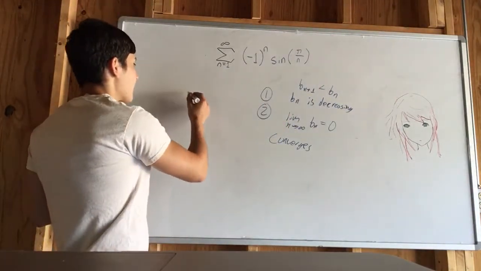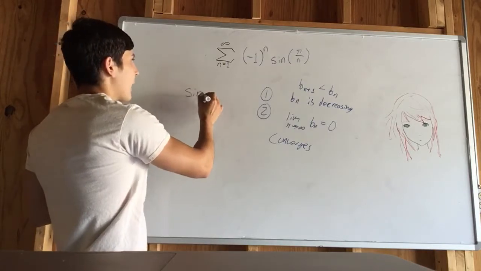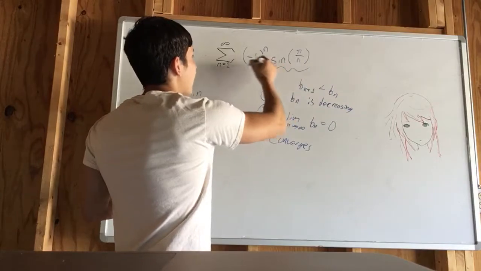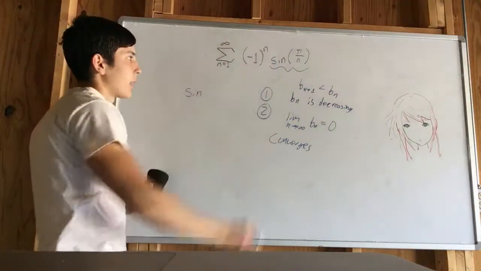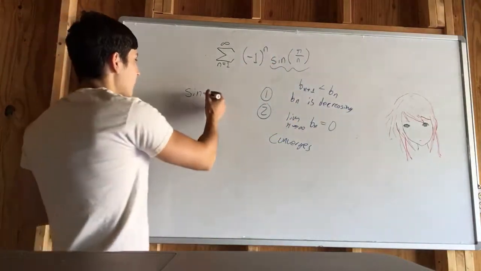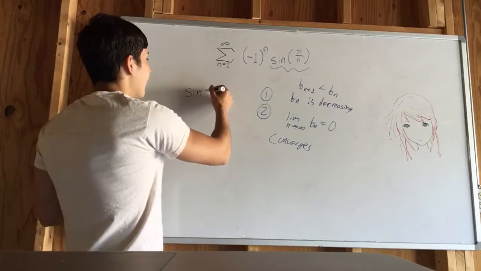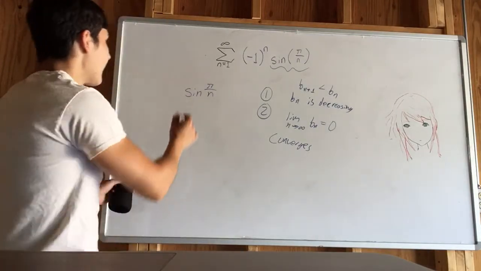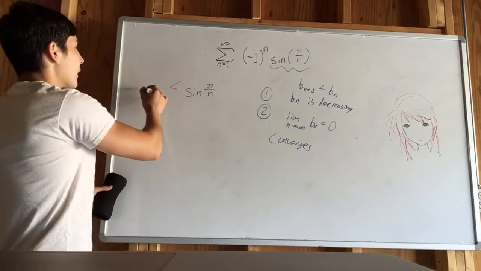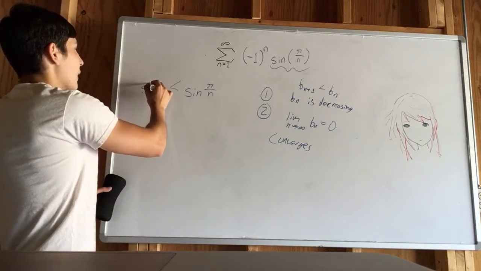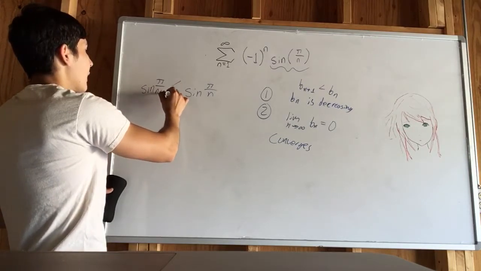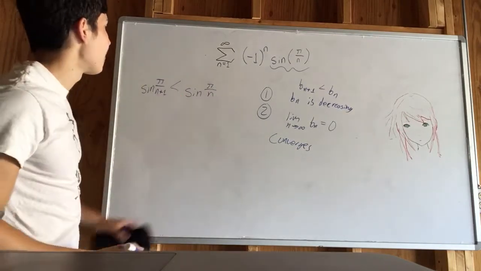By the way, b sub n is the part without the alternating part. So sine of pi over n is b sub n. Is this greater than b sub n plus 1? For b sub n plus 1, we plug in n plus 1 wherever we have an n.